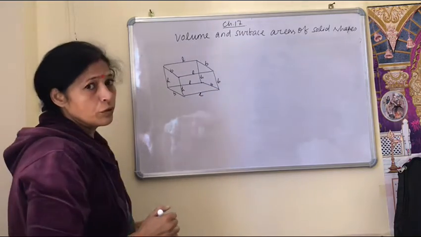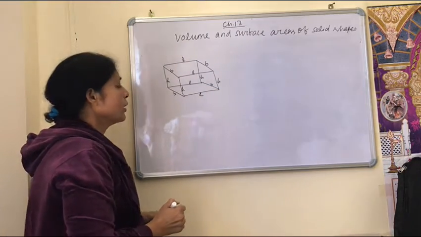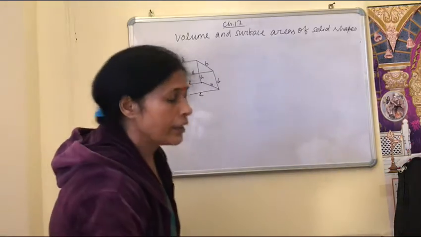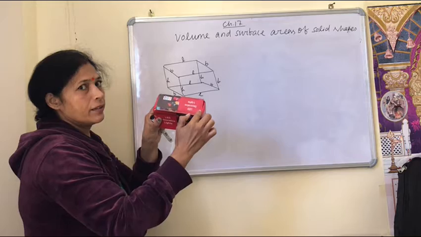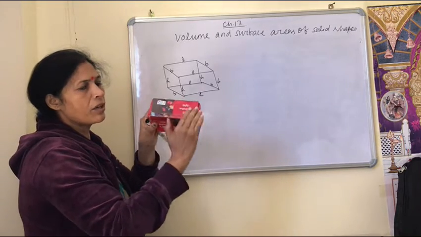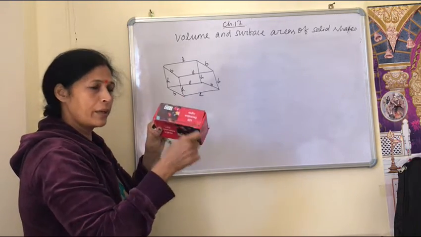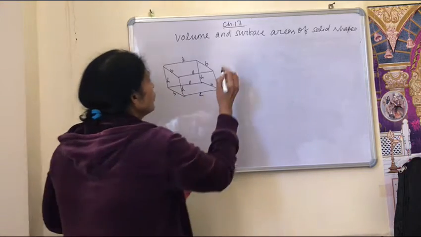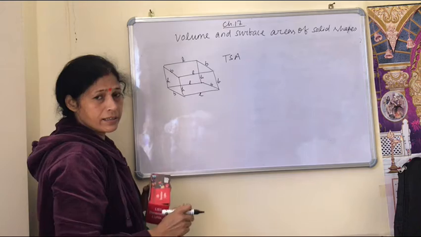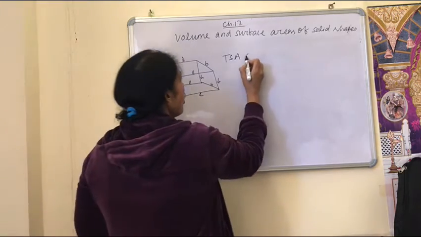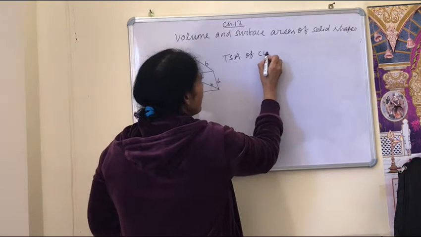Take this one, the top part, length and breadth. The area of this rectangular face is length into breadth. So total surface area, in short you can write TSA, total surface area of cuboid.